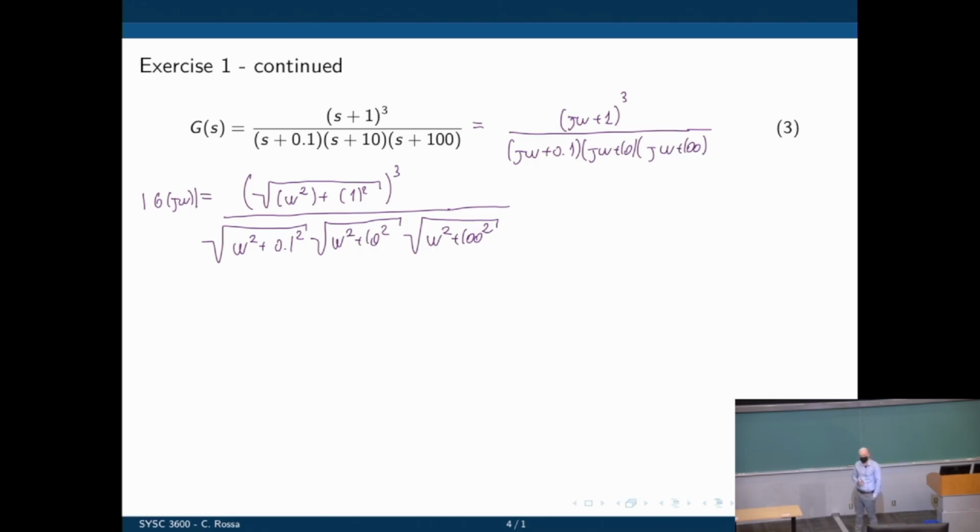So taking the magnitude of each individual pole and zero, we calculate it as the square root of the sum of the real part squared and the imaginary part squared. If you replace omega with 10 to the power of 4, this gives approximately 1. You were supposed to get 0.